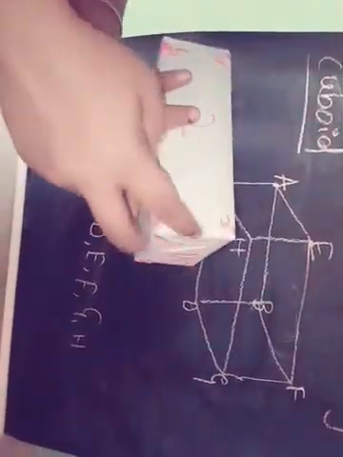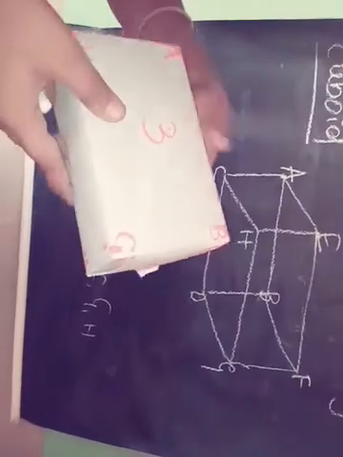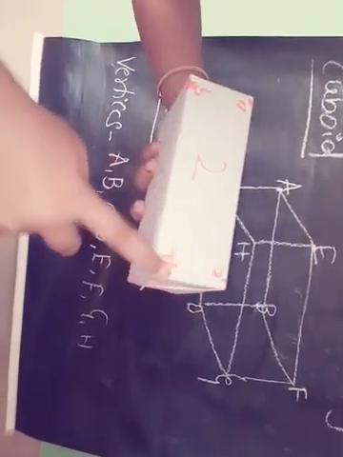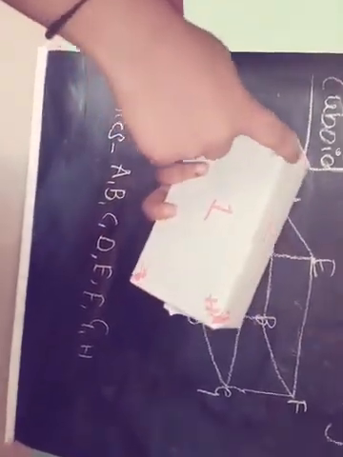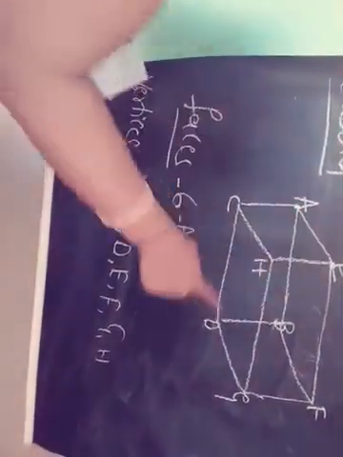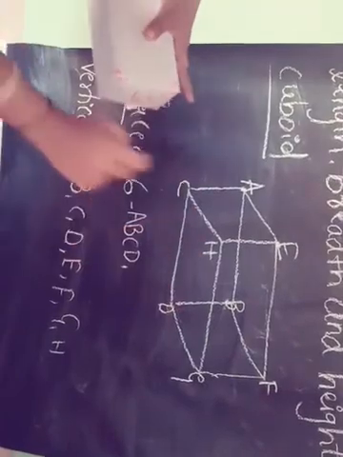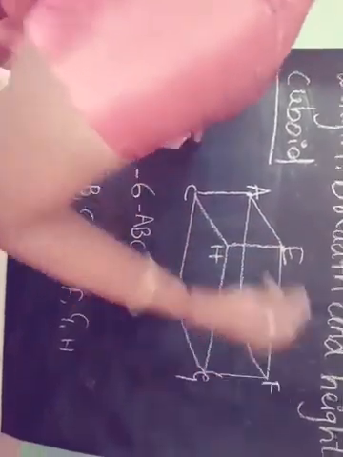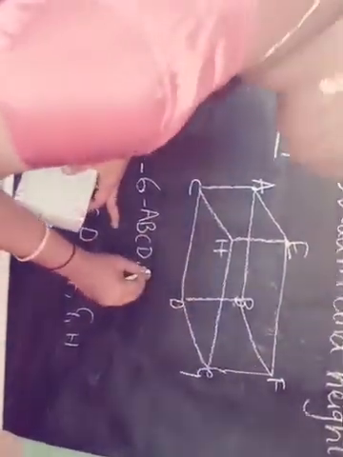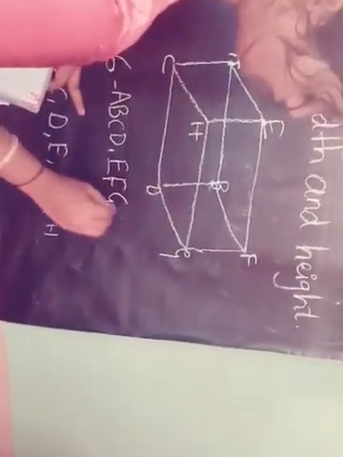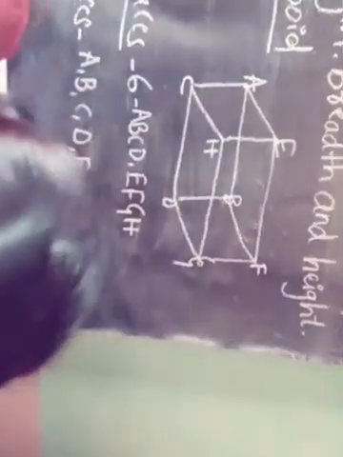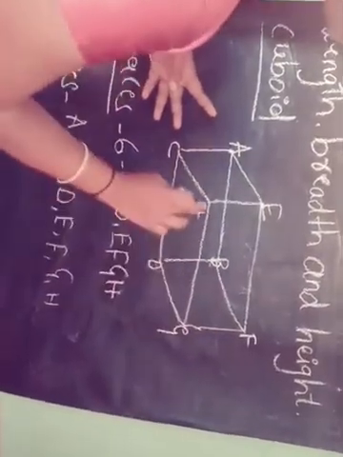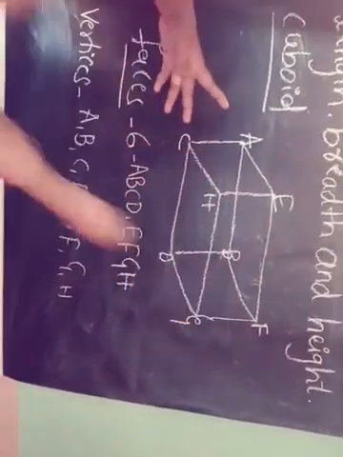Next, the back side, opposite of this: E, F, G, H. A, B, C, D is one face, and E, F, G, H is one face. This is the back side of this.